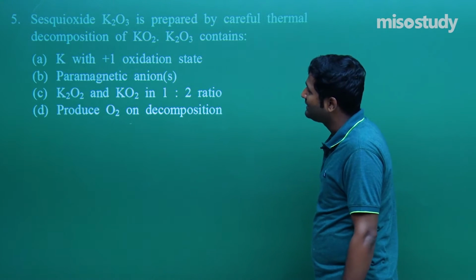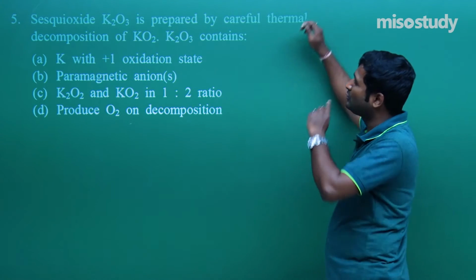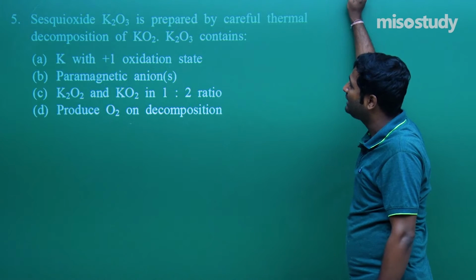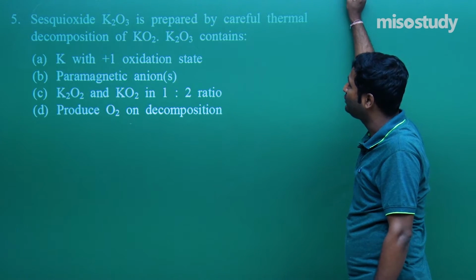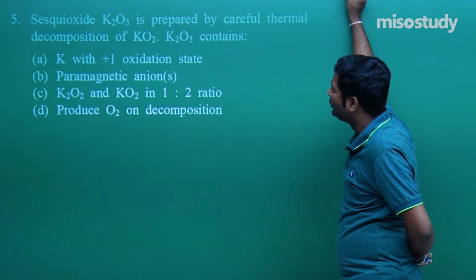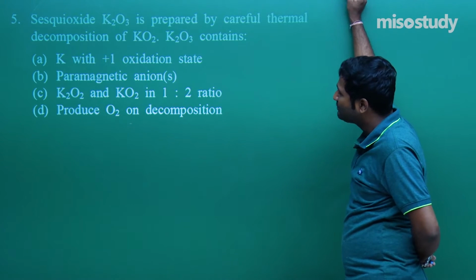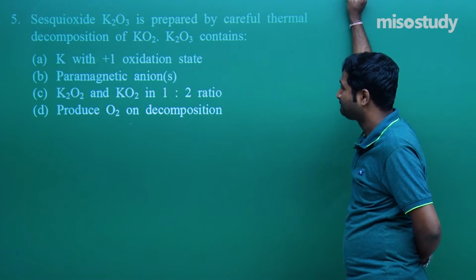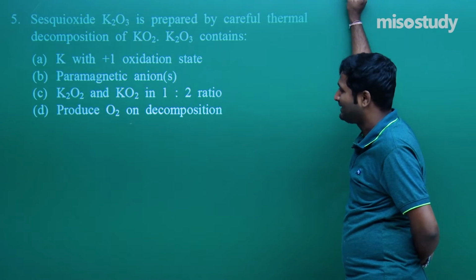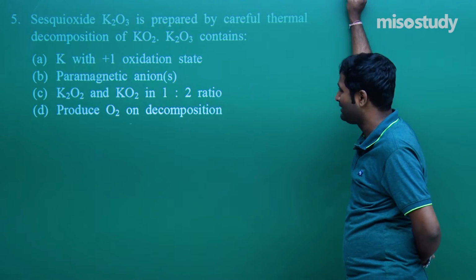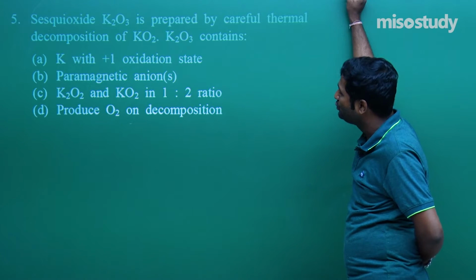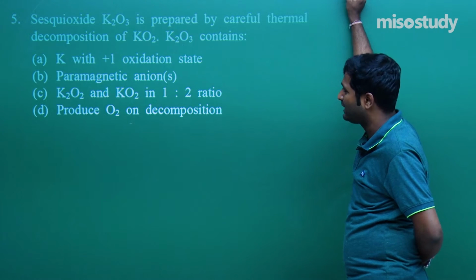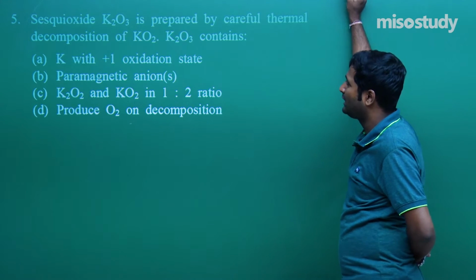The next question is: sesquioxide K2O3 is prepared by careful thermal decomposition of KO2 into K2O3. It contains potassium in the +1 oxidation state. Definitely that is a superoxide. Definitely there is a paramagnetic anion also, and K2O2 and KO2 are in a 1:2 ratio. Decomposition produces O2.